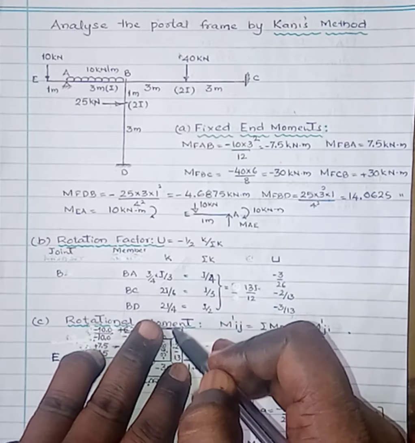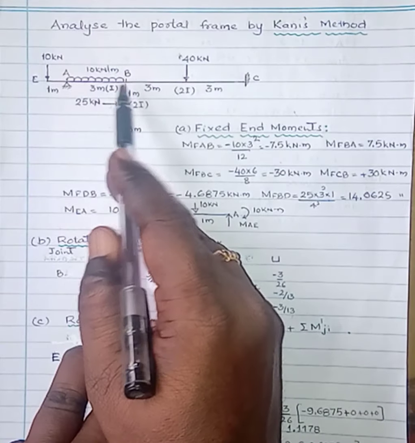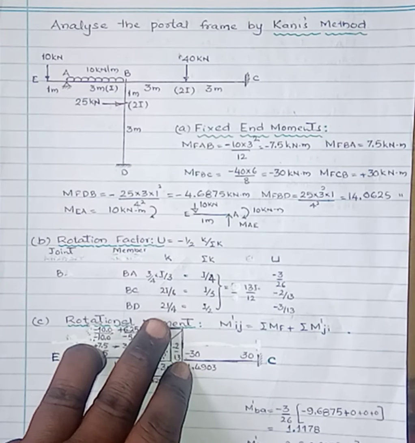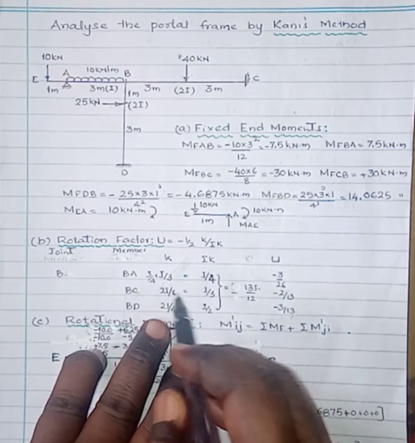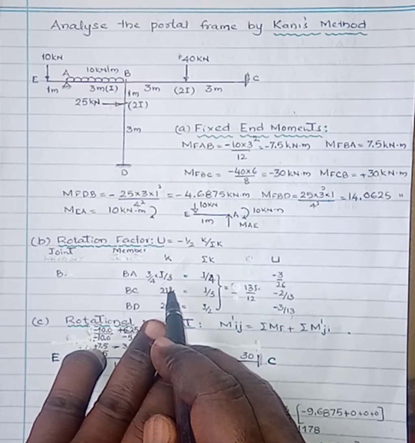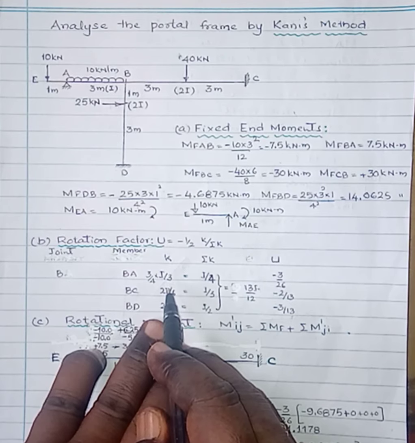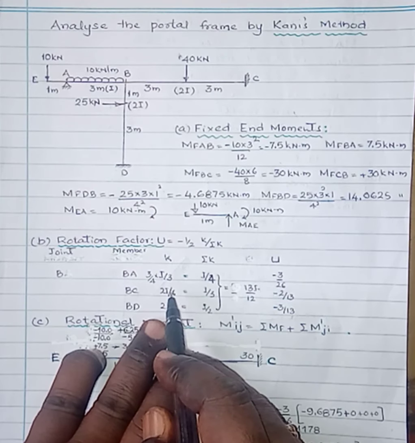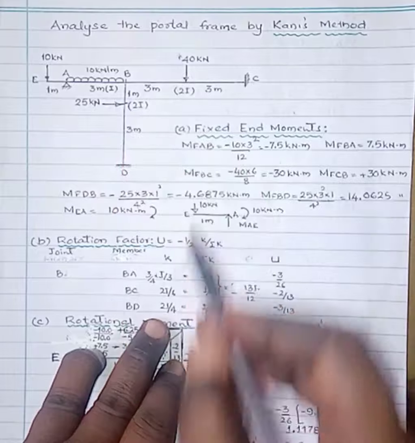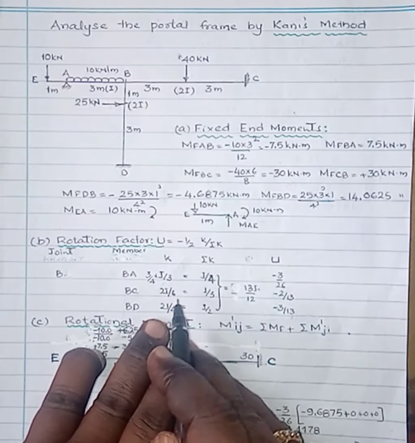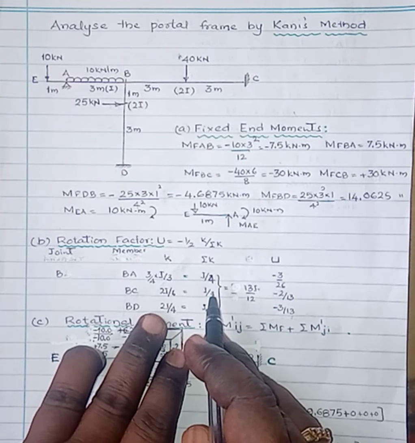Member K. With respect to B, A is neither continuous nor fixed and is on hinge. Hence we have to reduce the relative stiffness value: K equals I by L, that is 3/4 of I by L. The moment of inertia is I and the length is 3 meter, that is 3/4 of I by 3.